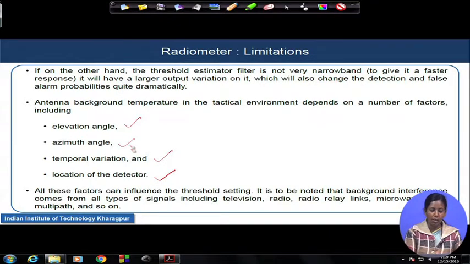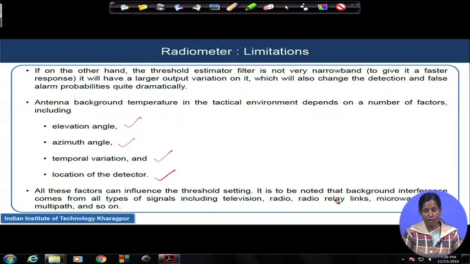So, the antenna background temperature depends on all that. When any one of those or a combination of them varies, it affects the temperature, and once the temperature varies, the sensed noise value used in the threshold setting varies, and hence the corresponding threshold setting will be varying.